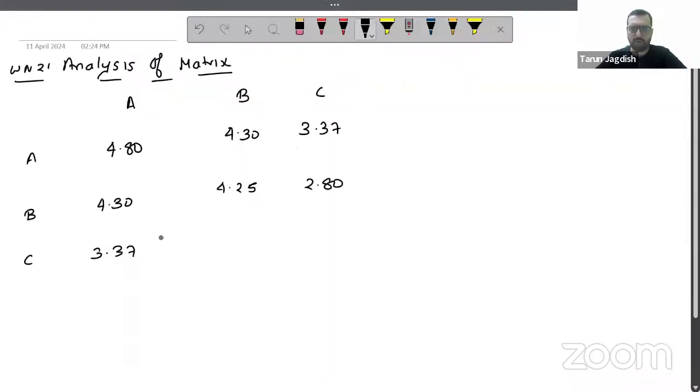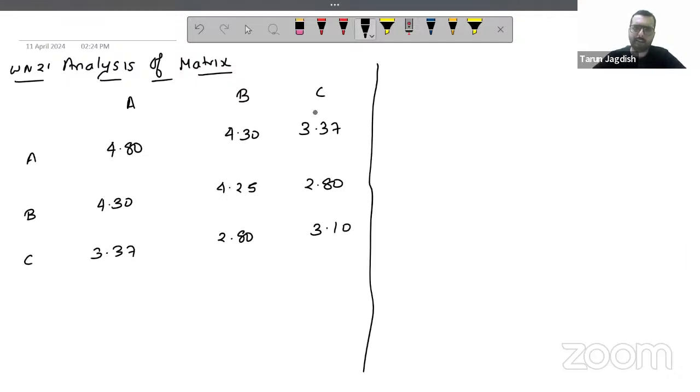Then you have 2.8. Then you have 3.1. So friends, let me decode this matrix here itself. AA means what? It is the variance of A. Everybody clear? So the variance of A is turning out to be 4.8. Same way, the variance of B will be 4.25, and the variance of C will be 3.1.